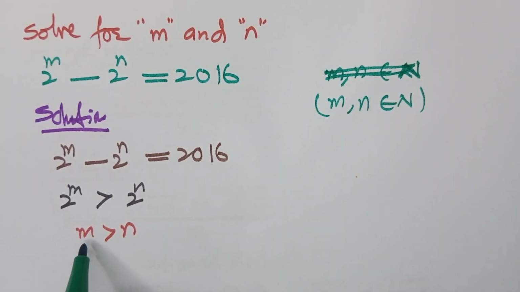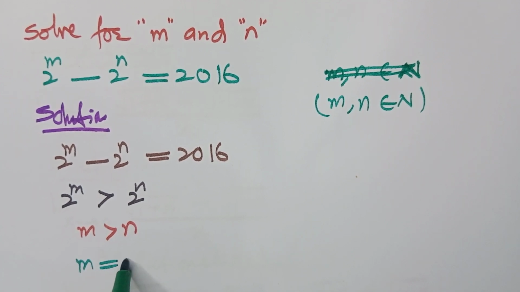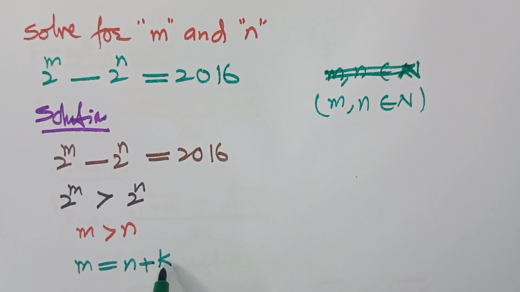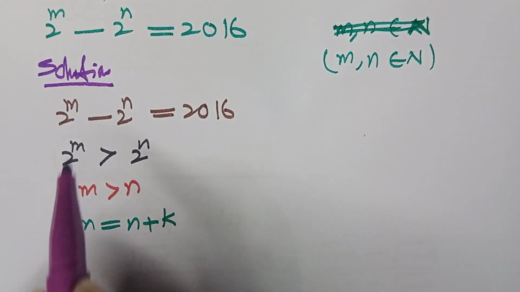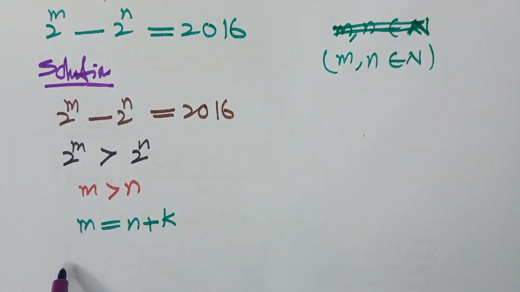So m is equal to n plus k. So k is the number we have to add to n, because m is greater than n. Now come to the original equation. 2 power m is equal to 2 power n plus k.